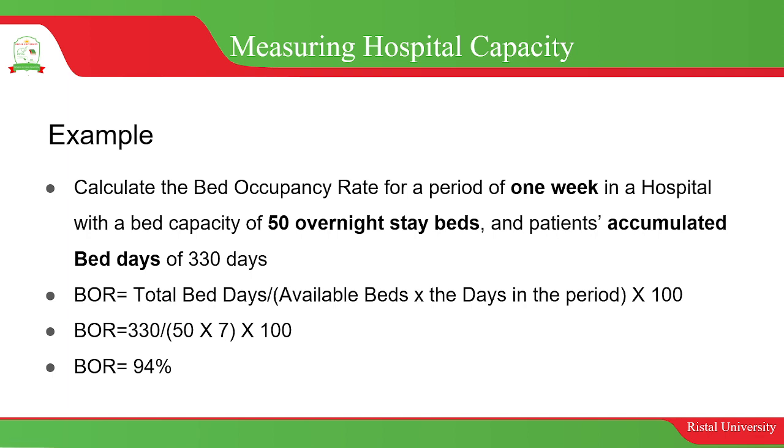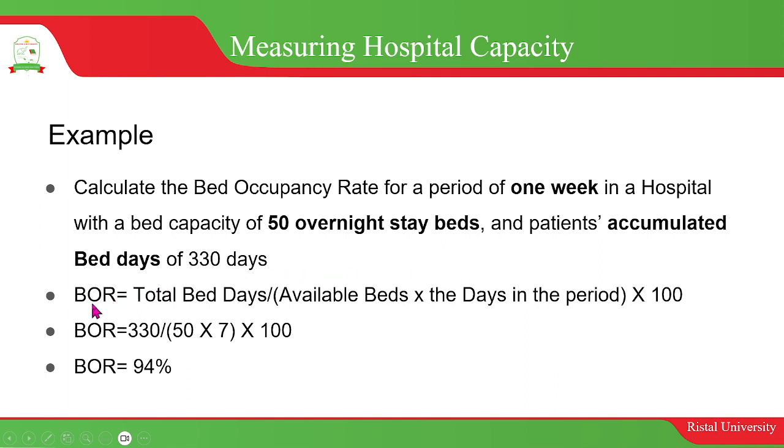The accumulated bed days of 330 days is already the summation, as I told you, of all the days patients spend on this bed added together. Those who are admitted for 1 day, those who took long, like 1 week, those even who might have taken more than 1 week, depending on the cases we handle. We sum these ones up, so it's telling us that this is the summation we have got.